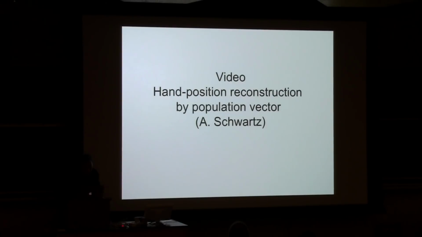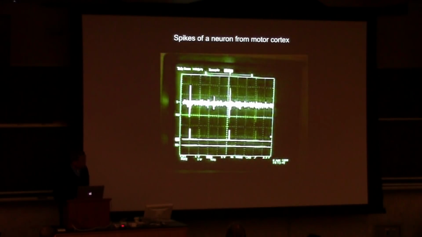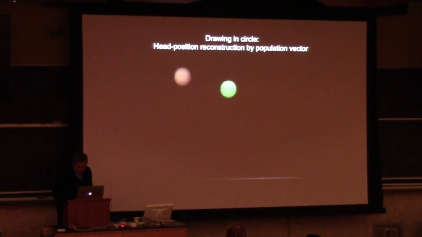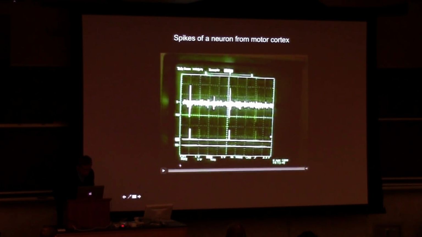All right, this is the video of hand position reconstruction by population vector. First you see the oscilloscope, I think from a single neuron in the motor cortex.